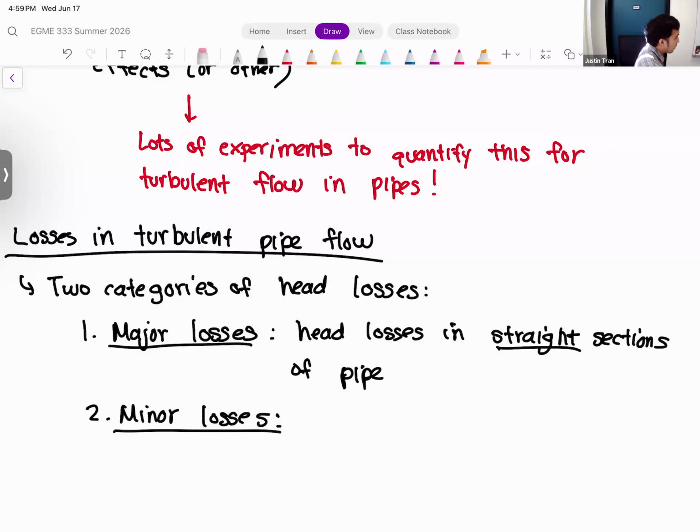So minor losses are any type of energy loss or any type of head loss that occurs due to non-linear pipe components. Okay, so things like a turn, right? So when the flow has to change direction, it has to go by a 90-degree angle. Maybe the flow is going through a nozzle, maybe it's going through an expansion. All of those will incur some type of energy losses due to the turbulent flow that's associated with it.